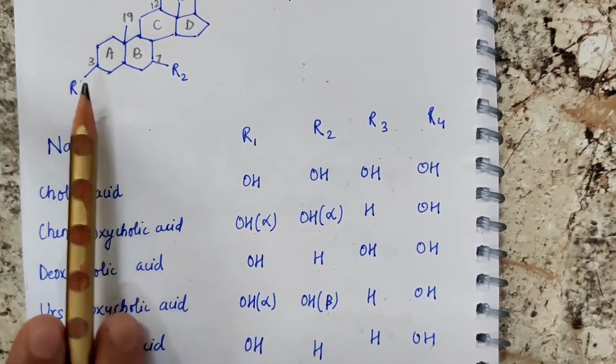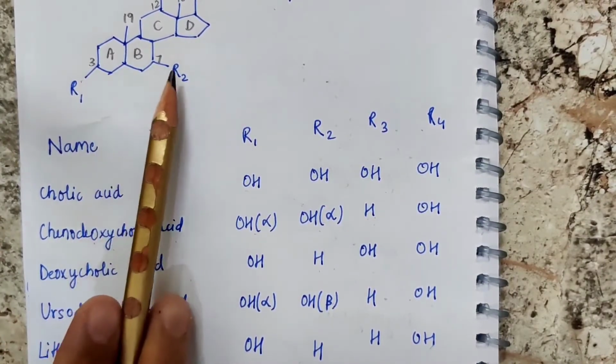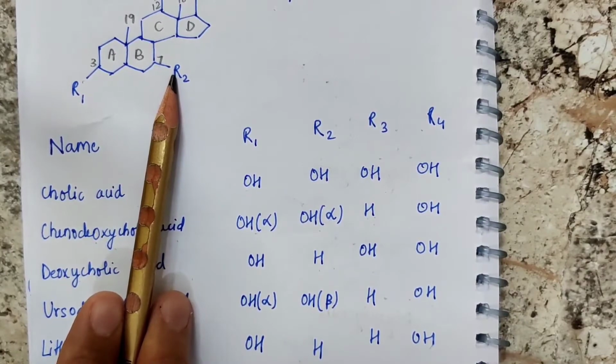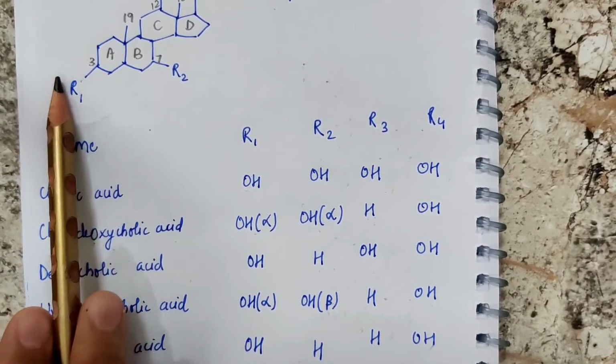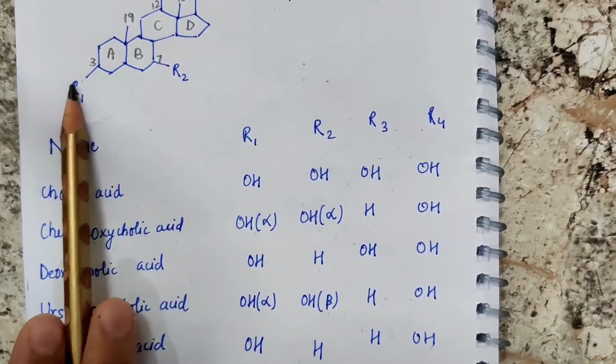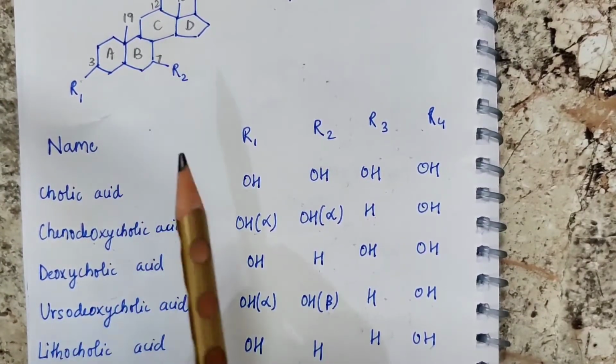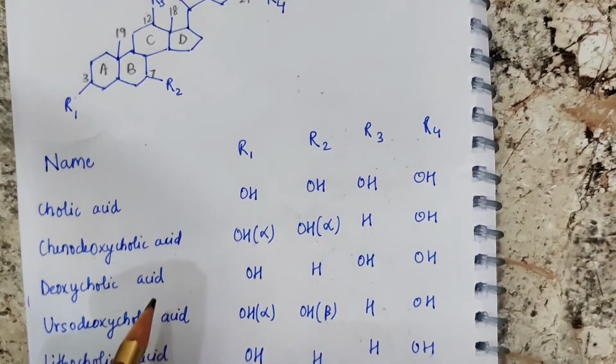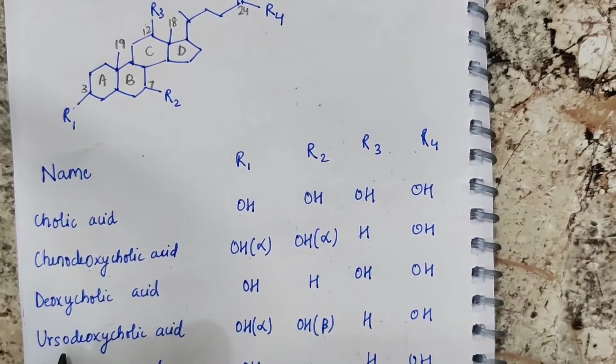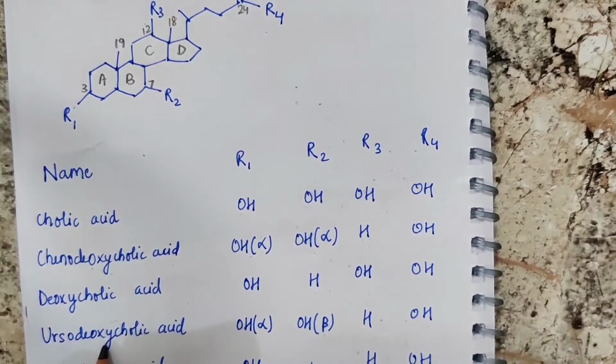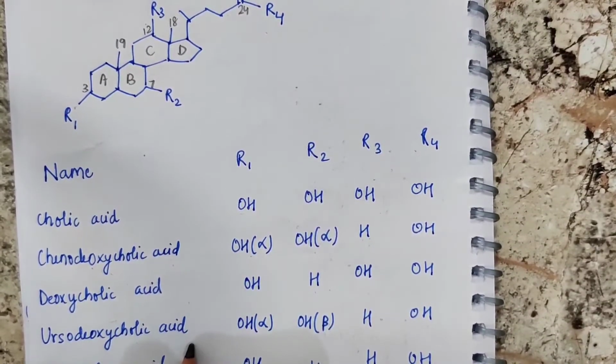Now if R1 is hydroxy and R2 is also hydroxy, but the R1 hydroxy is below the plane and R2 is above the plane, then it is called ursodeoxycholic acid.